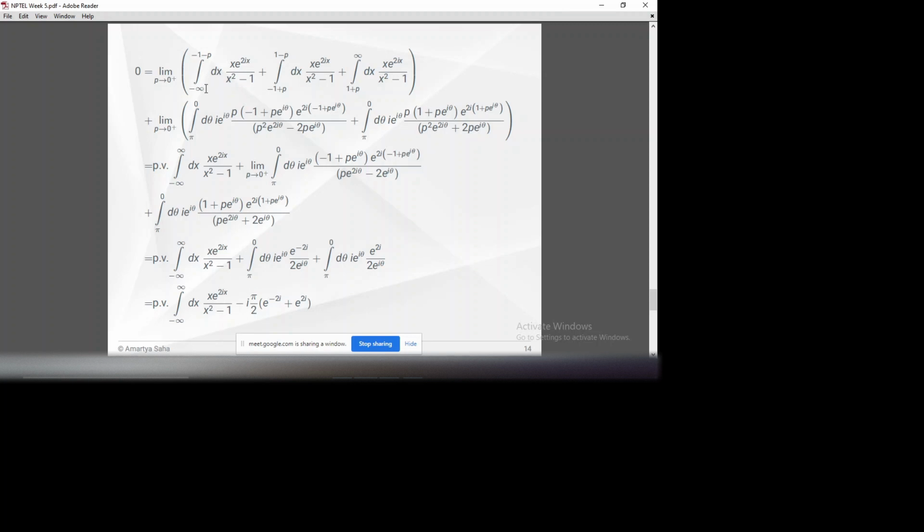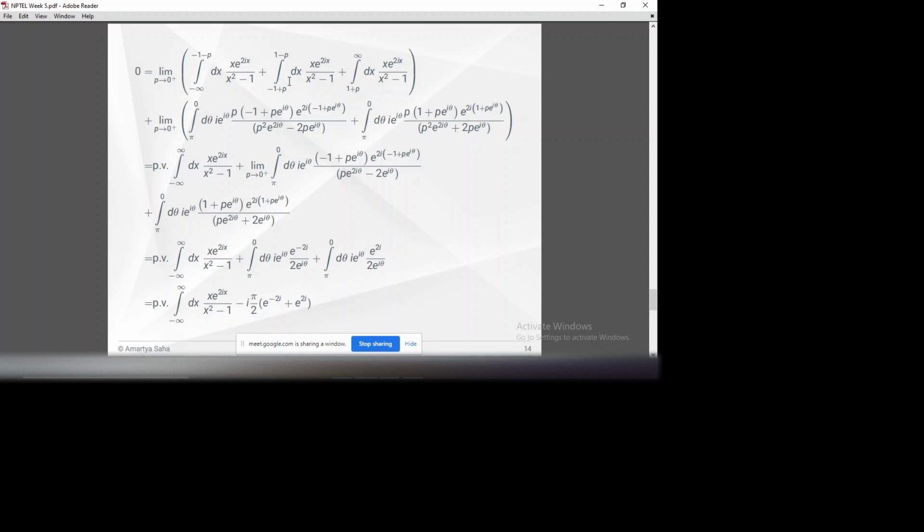So we know, minus infinity to minus 1 minus p, and then there is minus 1 plus p. So if p was 0, we could simply write, so okay, we have taken p tends to 0 plus, but if p was 0, this would have been simply the real integration from minus infinity to plus infinity, right?